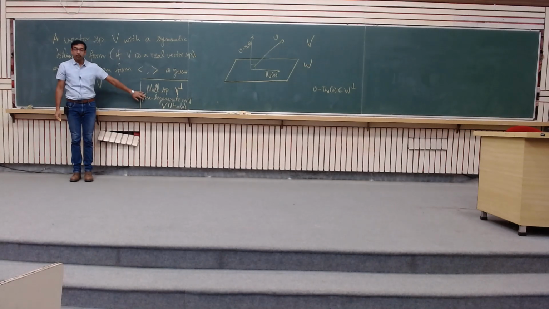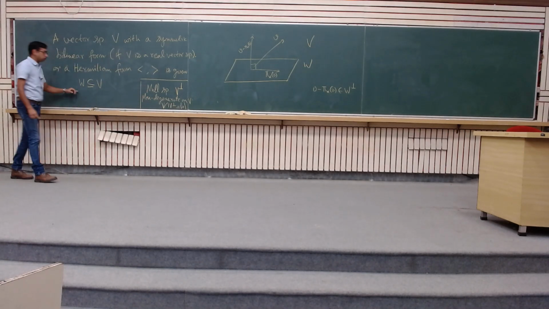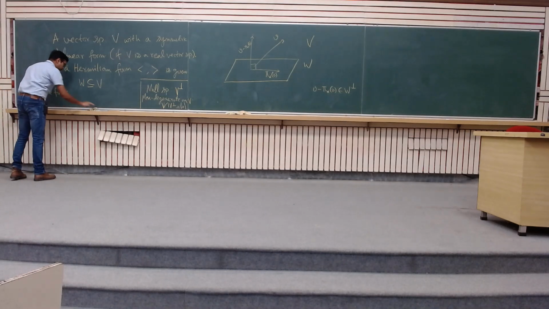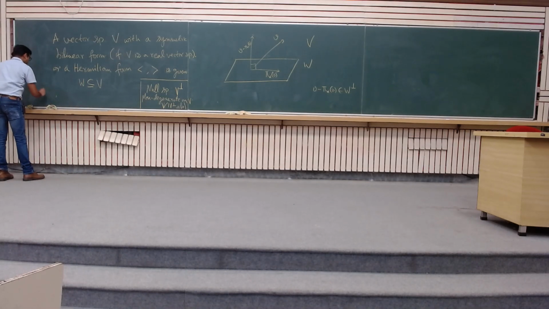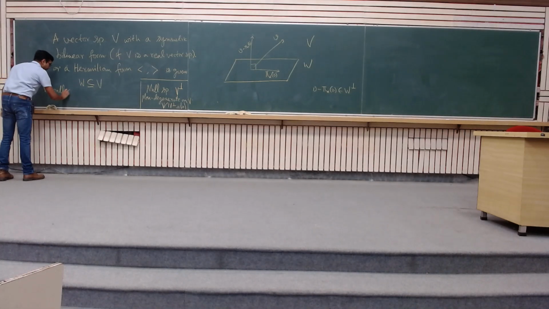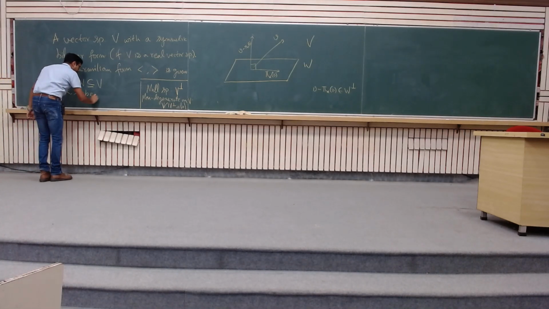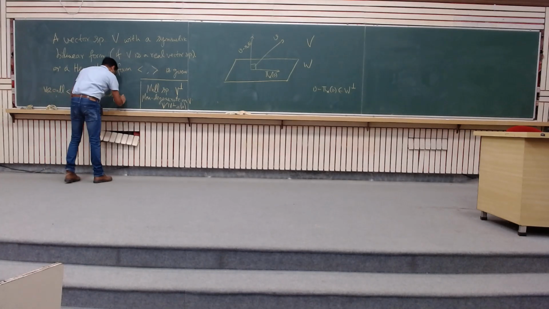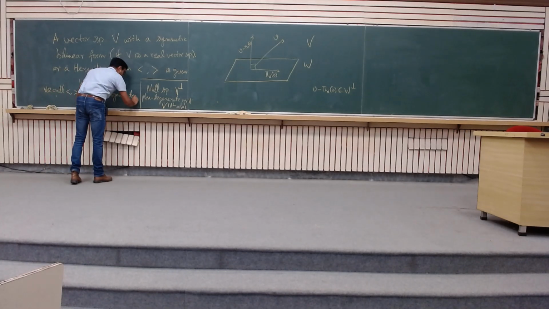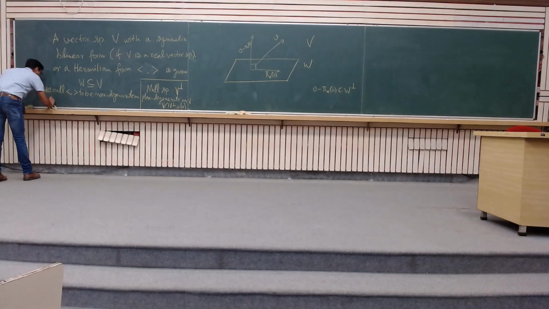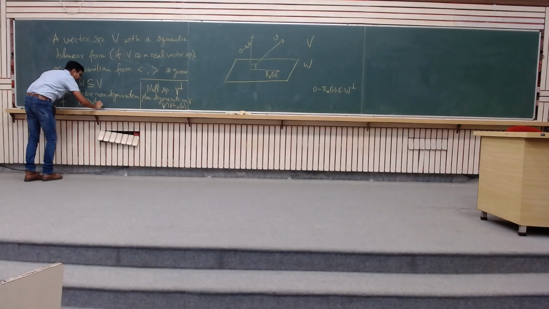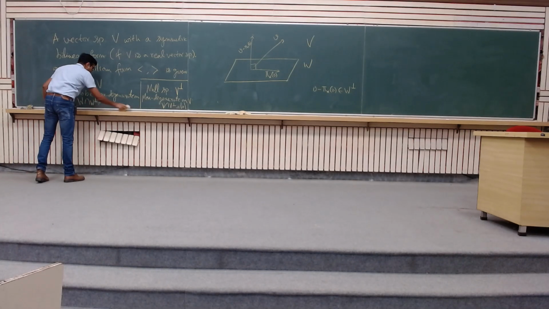So that is what we mean by non-degeneracy on V. In particular, if W is a subspace of V, we call the form non-degenerate on W if W intersection W perp is equal to 0.